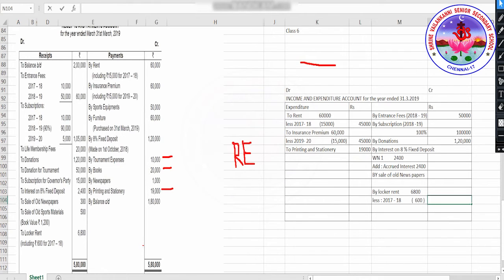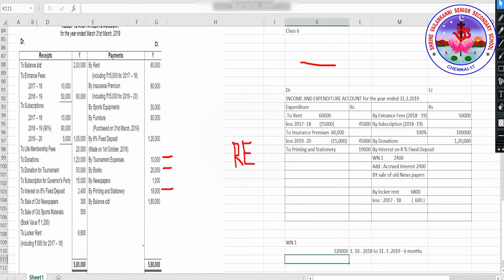Now what is the interest on fixed deposits? Working note 1: the fixed deposit is 1,20,000. What is the time period? 1st October 2018 to 31/3/2019, so this is for 6 months.